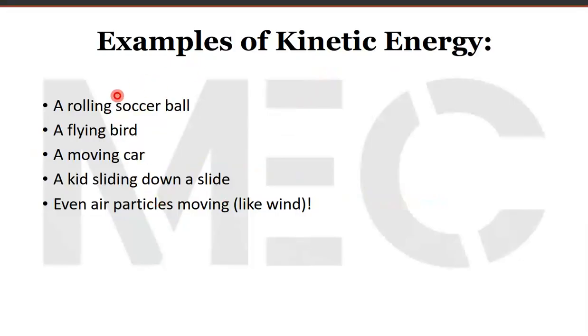Okay. Examples of kinetic energy. A rolling soccer ball has kinetic energy because it's moving. A flying bird has kinetic energy because it's moving. A moving car has kinetic energy. A kid sliding down a slide has kinetic energy. Even air particles moving, like wind, have kinetic energy.